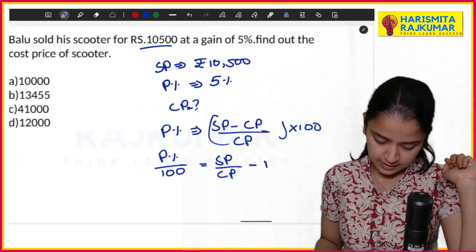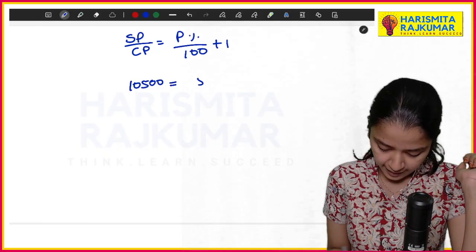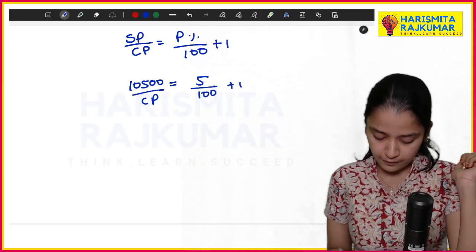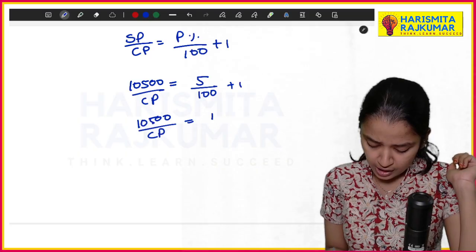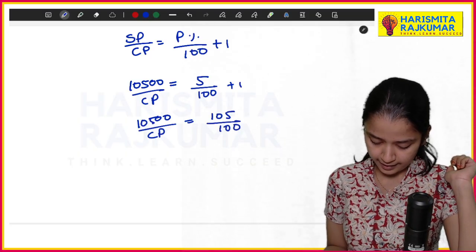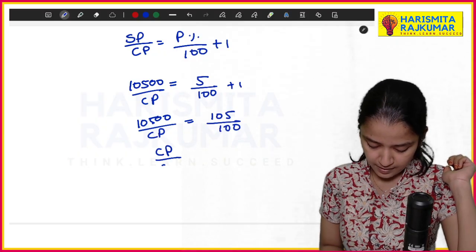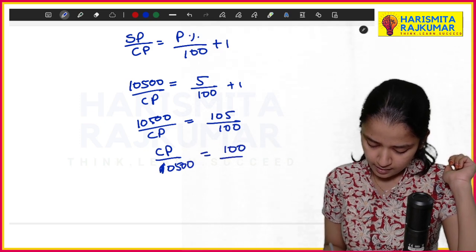My selling price 10,500 by CP is equal to 5 by 100 plus 1. So 10,500 by CP is equal to (5 plus 100) by 100. So I can reciprocate it. So CP by 10,500 is equal to 100 by 105.